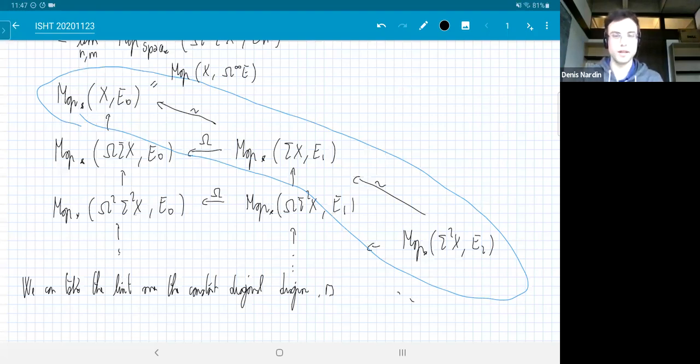And okay, I think I'm already over time, so I'll stop here. I just want to say that this proof is very short, very easy. It took me 2 days to get the diagram right.